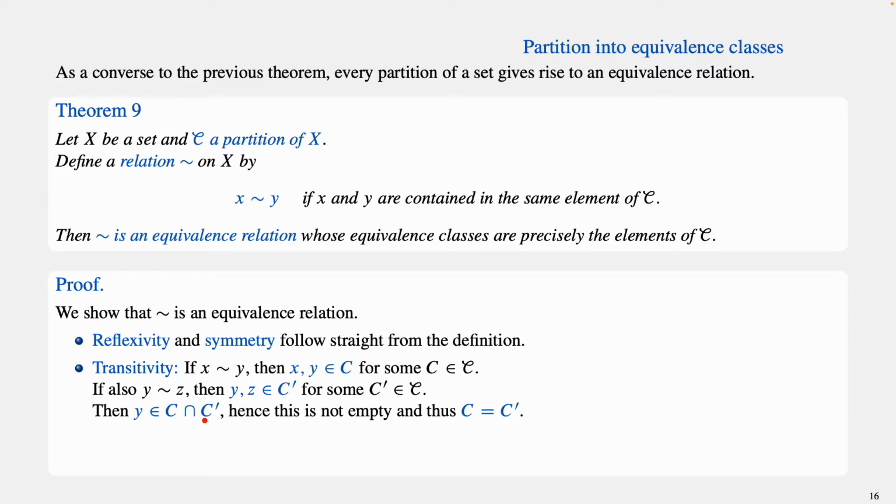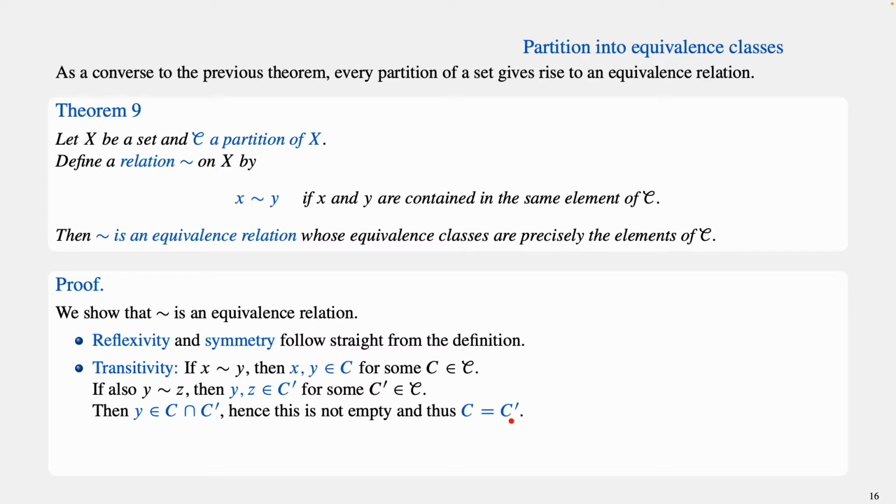But because curly C is a partition, we only have the case that either the intersection of two elements from the partition is empty, or if not, then it follows that C and C prime must be the same set. So this intersection contains y, so it's not empty, and this means C must already be all of C prime.